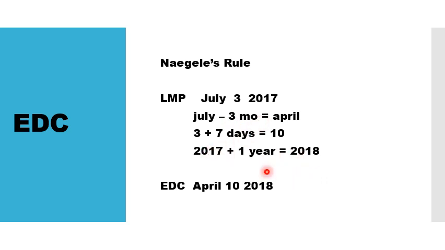An example, the last menstrual period is July 3, 2017. You subtract 3 months from July, so that is April. You add 7 days to July 3, so that is 10. You add 1 year to 2017, so that is 2018. So the expected date of confinement is April 10, 2018.